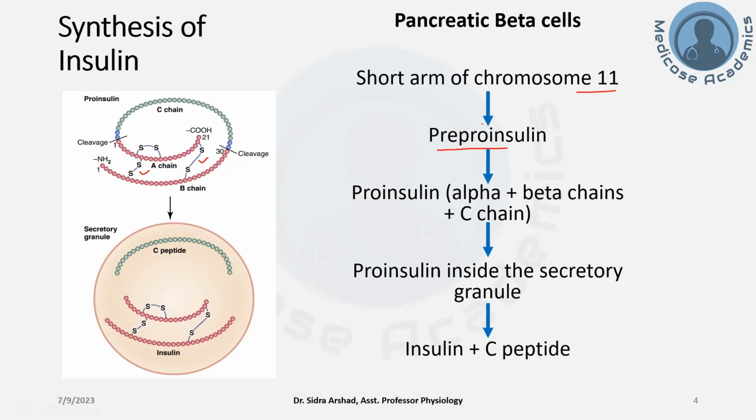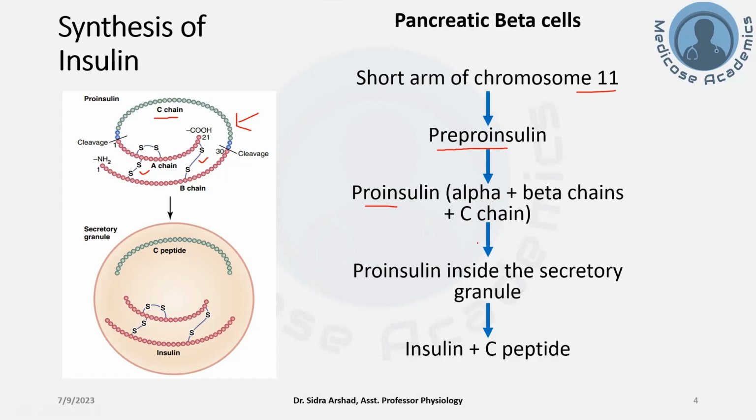This pre-pro-insulin undergoes post-translational modification where it is converted into proinsulin, which you can see right over here. This proinsulin is composed of A chain and B chain, which are connected to each other via this C chain, also known as connecting chain. It is then packaged in the Golgi apparatus into secretory granules or secretory vesicles, where it undergoes certain changes.